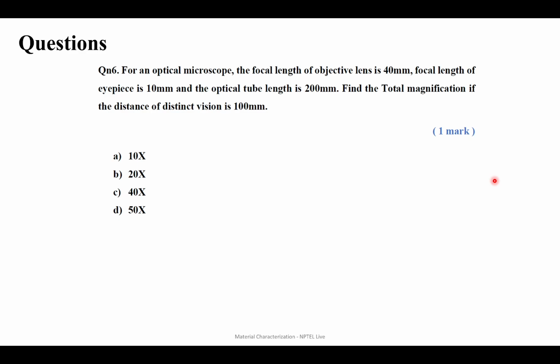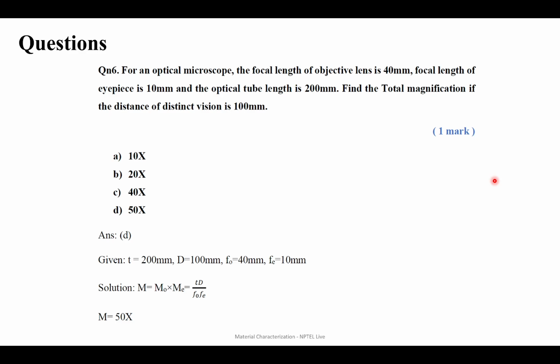Find the total magnification if the distance of distinct vision is 100 mm. 10x, 20x, 40x, 50x. That is correct. The answer will be 50x.